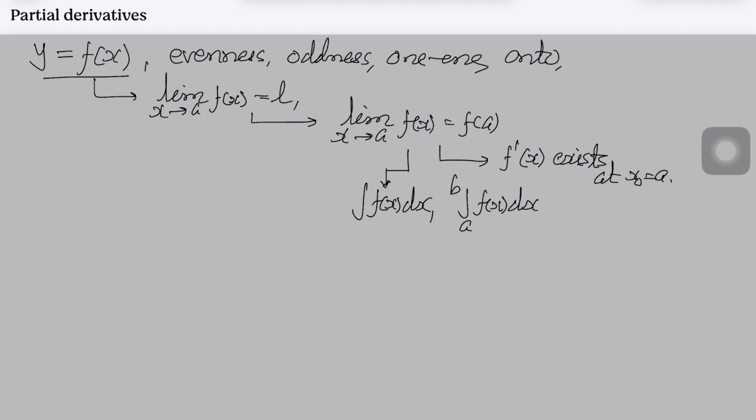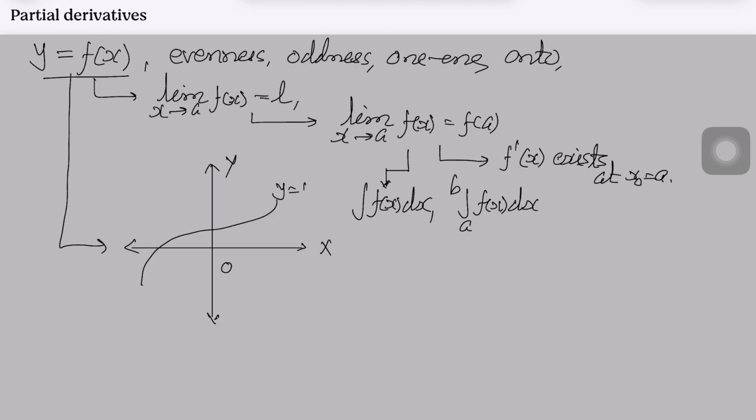Okay, now let us expand the function y equal to f of x to the multivariable. So for y is equal to f of x, what are we doing? We are choosing our x from the domain, and this is the codomain axis where we have value y. So suppose this is a function y is equal to f of x.